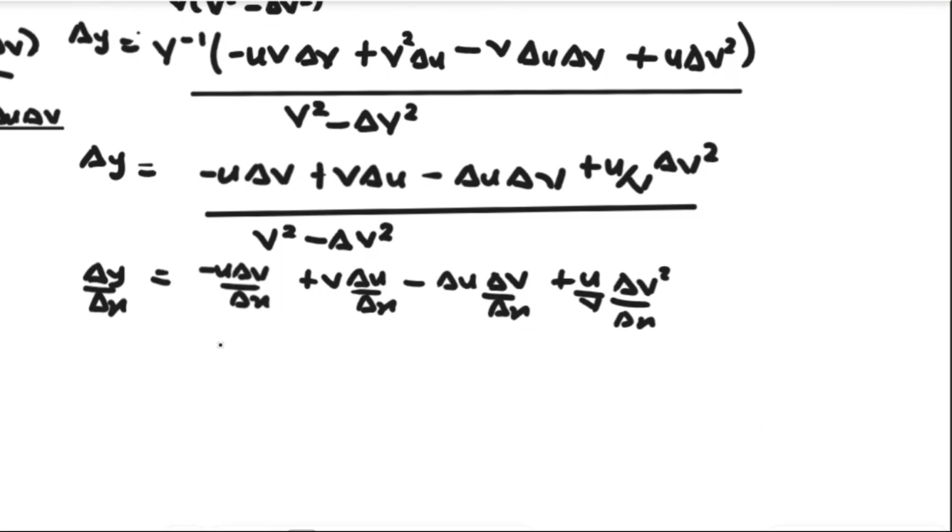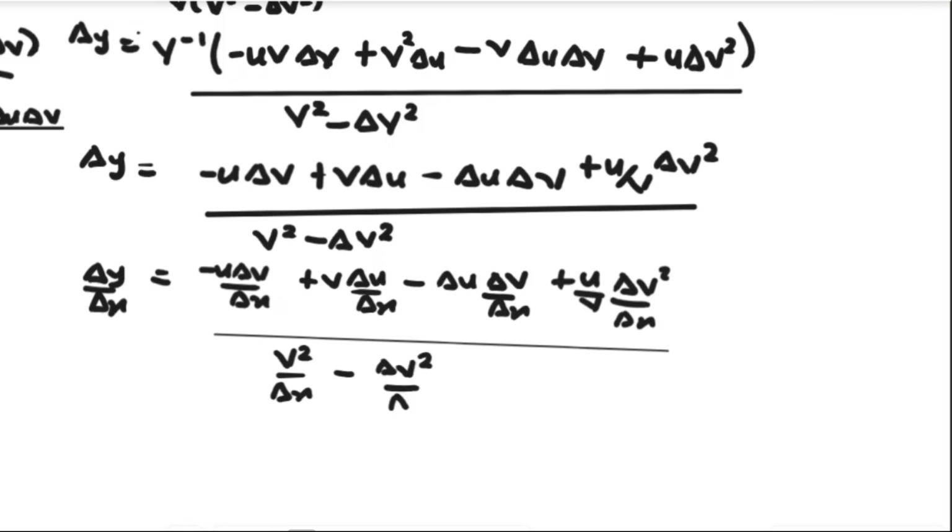Now everything is being divided by v squared over delta x minus delta v squared over delta x.